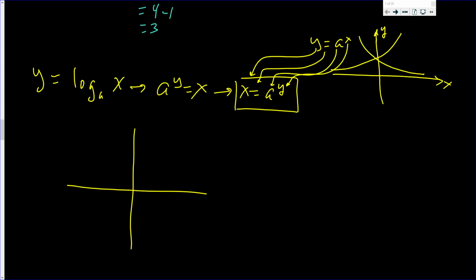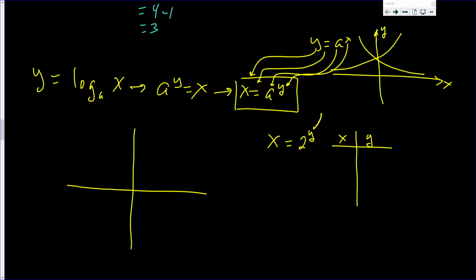Well, let's graph these. Suppose that you have that x is equal to 2 to the y. We're going to plot it with our same 2 points, x and y. I chose my words carefully.